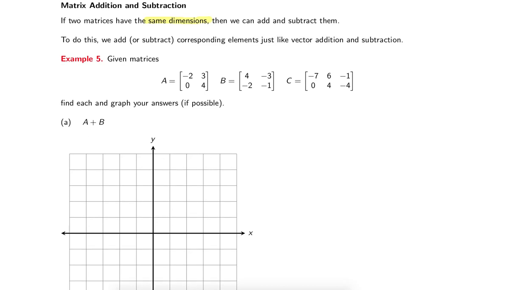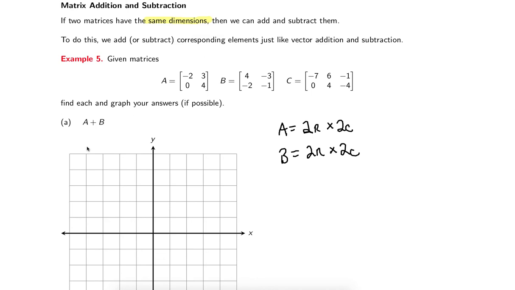Matrix A is 2 rows by 2 columns. Matrix B is 2 rows by 2 columns. And since the number of rows of A equals the number of rows of B, and the number of columns of A equals the number of columns of B, we can add these 2 matrices together.